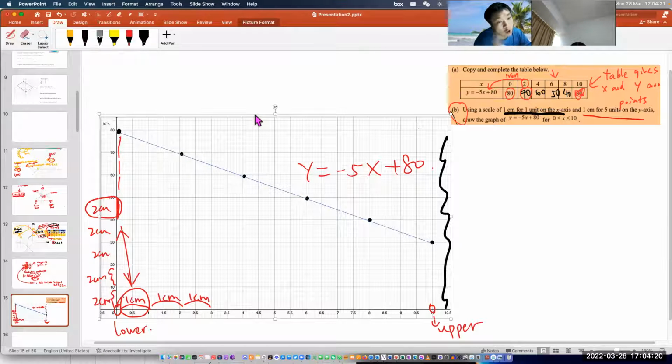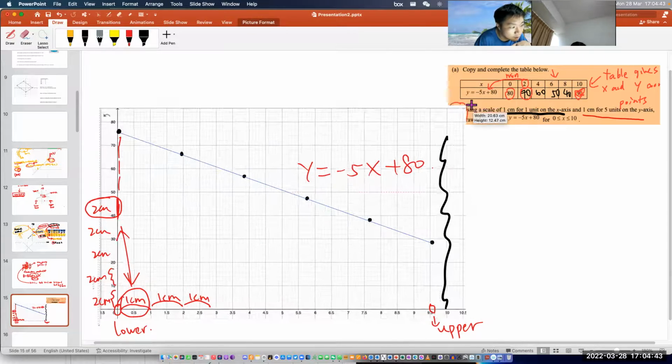So, but when you do it on a graph paper, right, you cannot drag it up and down. That means you cannot pinch or scroll up. All you can do is once you have written the scale down, it's fixed already. But for me, I can actually drag it up and down.